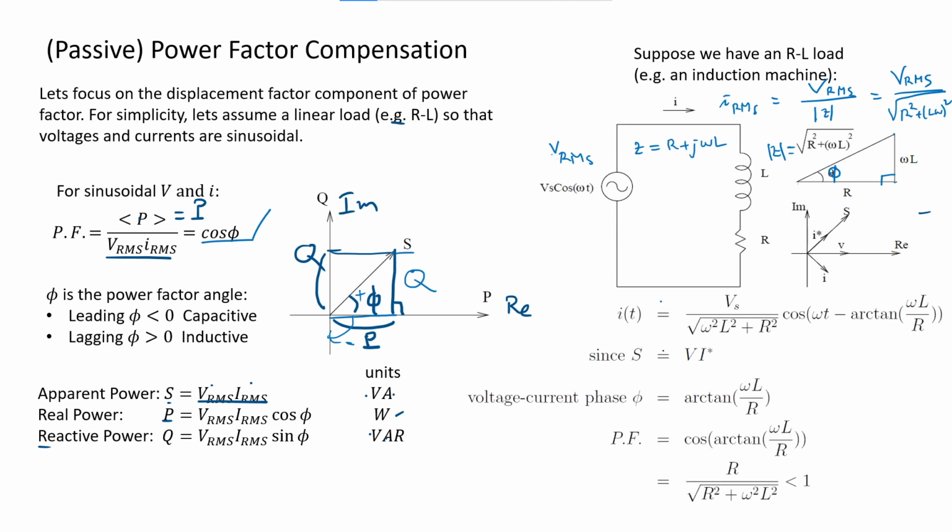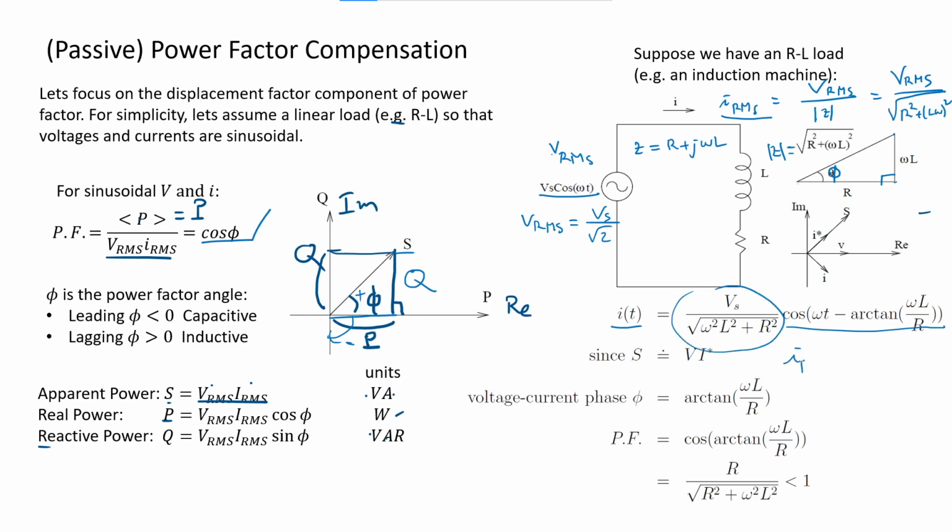Like I said, the root mean square is just like this, but I as a function of time actually looks like this. Let me recall the root mean square: V root mean square equals the maximum divided by the square root of 2, right? How about the root mean square of I here?